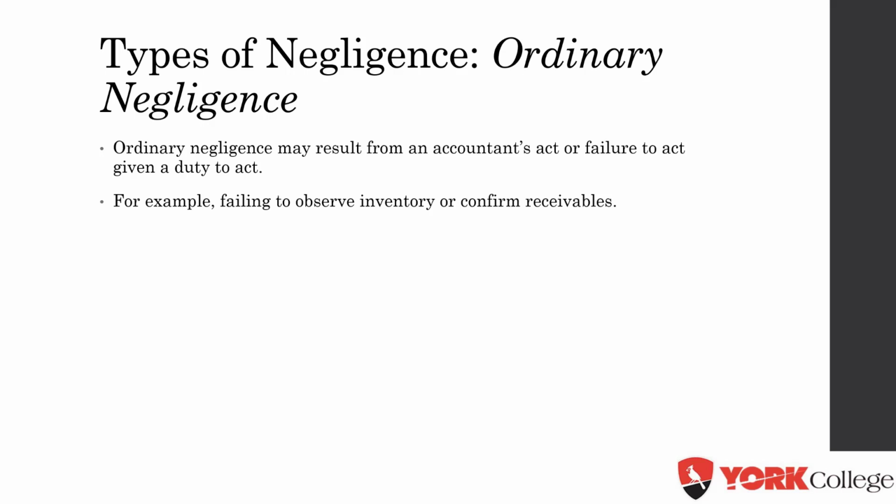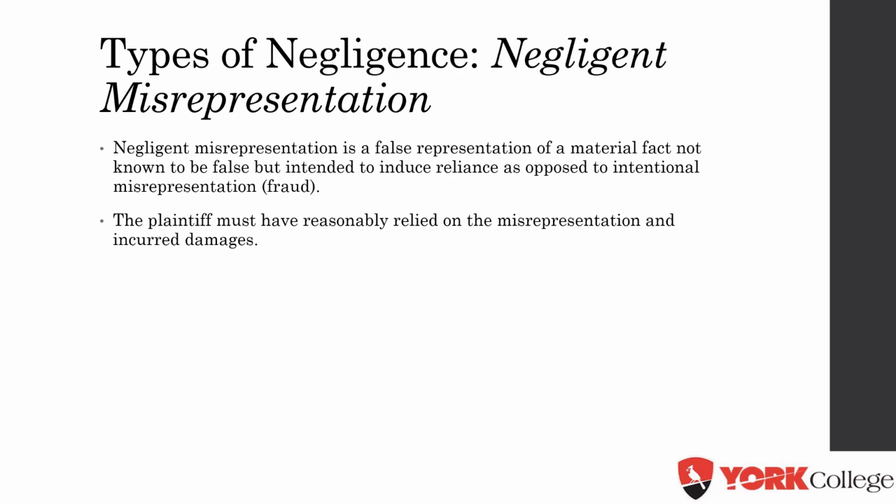So the next level of negligence would be a specific set of conduct that entails a false representation of a material fact, but in this case, this misrepresentation is conducted on the part of the CPA when they don't necessarily know that it's a false representation, but it is intended to induce reliance.